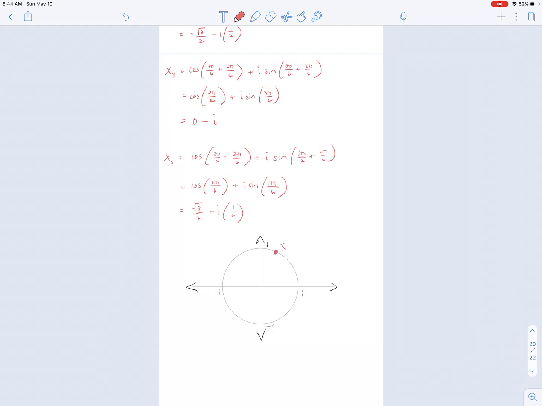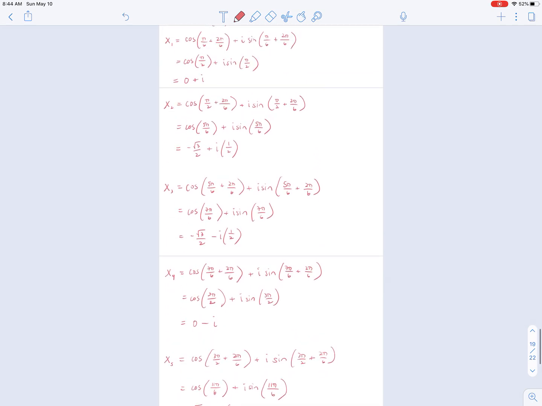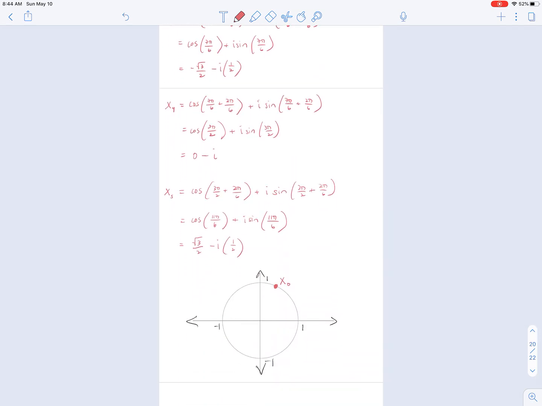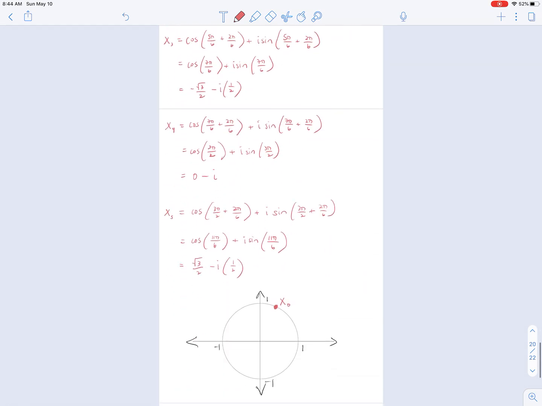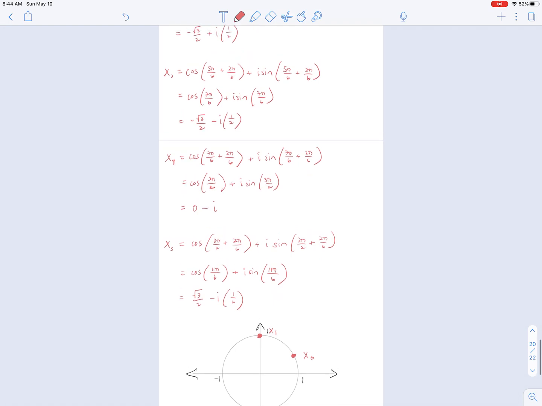Okay, that first solution is root 3 over 2 plus i times 1/2, which would be the angle of pi over 6. I'll call that x sub 0. Oh no, I drew that wrong, sorry. Root 3 over 2, comma 1/2.